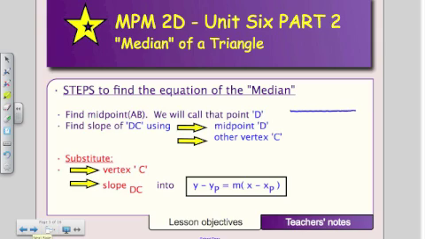So if I have a triangle A, B, and C, not necessarily a right angled triangle, my median is going to go through the midpoint. Let's call the midpoint D. The line doesn't have to be at a 90-degree angle, it just has to go through the midpoint as well as my other vertex C.